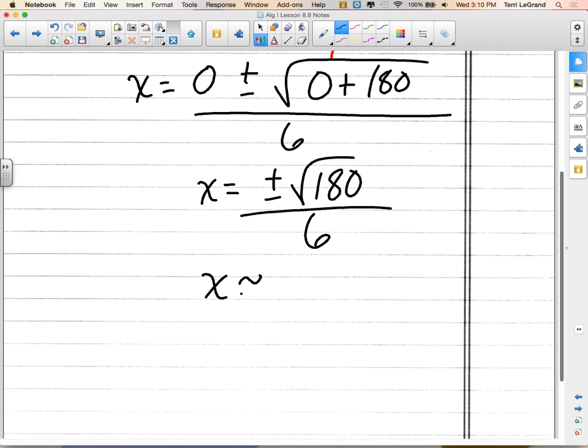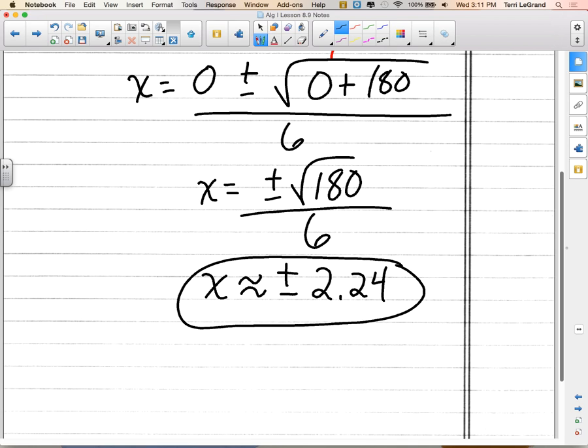So we can say approximately equal to, we can bring our plus and minus down up front, and all we really have to do is put into our calculator the square root of 180. And if your calculator, remember, makes those parentheses around the radicand, make sure you close that parenthesis, and then divide it by 6. And I'll show you the answer that you should get rounded to the nearest 100. Use two solutions, but we can shortcut write it like we were doing yesterday.